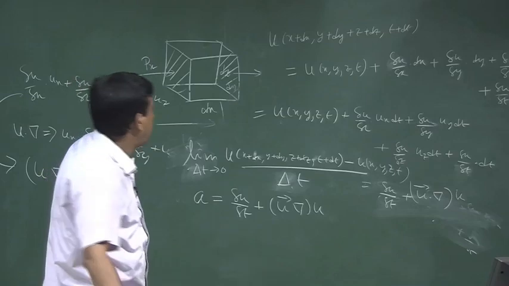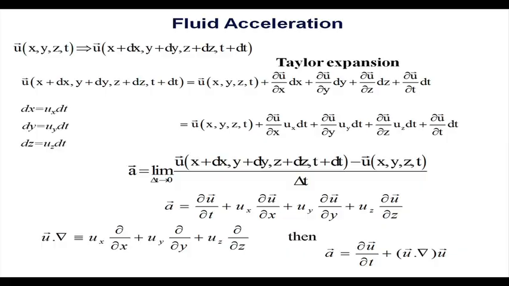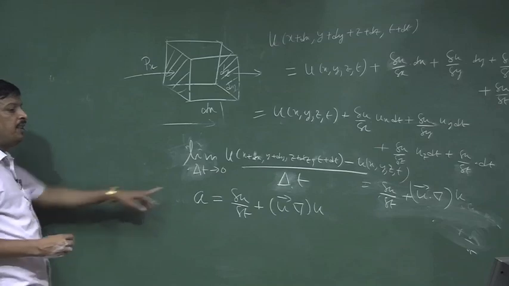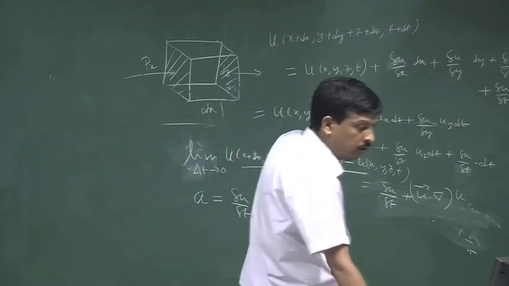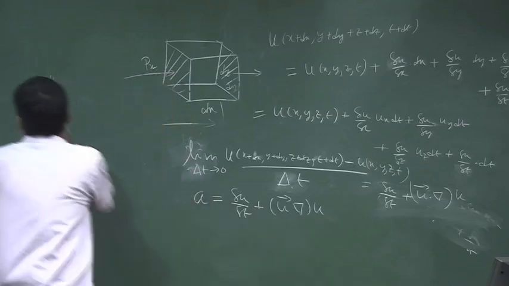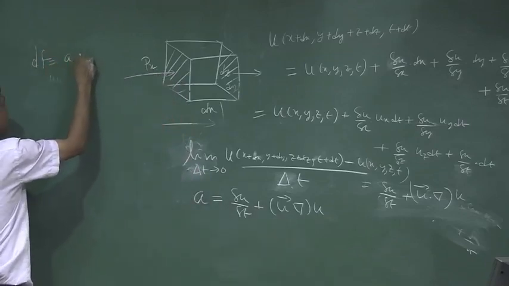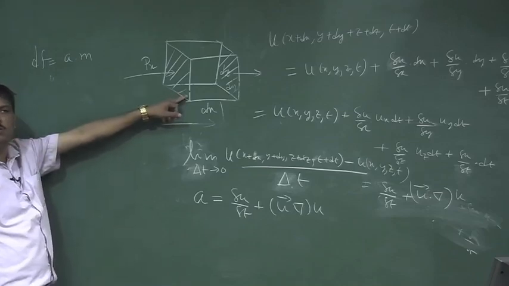Now, what is the force? Force is mass into acceleration. So, if this is my acceleration, I have to multiply by the mass and I get the force. So, I can say the total force dF is nothing but acceleration into mass. What is the mass of this volume? Rho into dV.